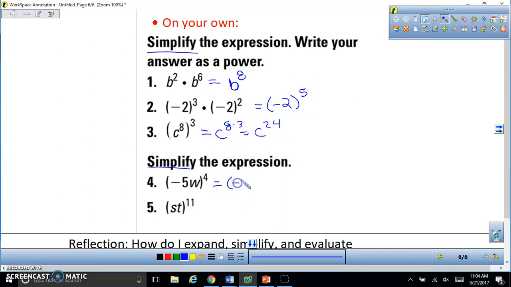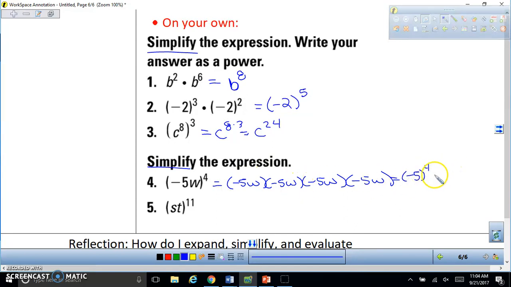This is going to say negative 5w times negative 5w, negative 5w, negative 5w. Okay, 4 times: 1, 2, 3, 4. Okay, how many negative 5s do we have? We have 4 negative 5s. How many w's do we have? We have 4 w's. Negative 5 to the 4th is negative 5 times negative 5 times negative 5 times negative 5.